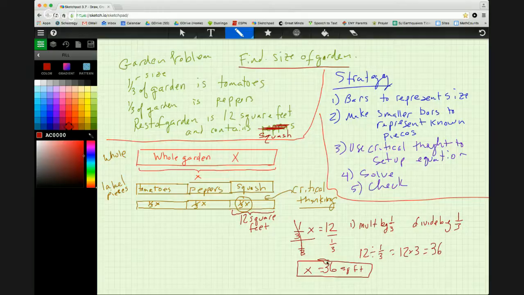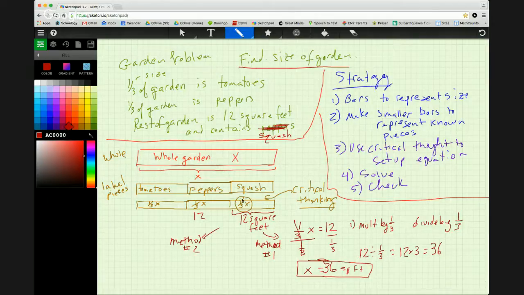Now in this question, this is method 1. But we could have used method number 2, which might seem easier to you. We know if a third of the garden is 12 square feet, then the peppers also are 12 square feet, right?